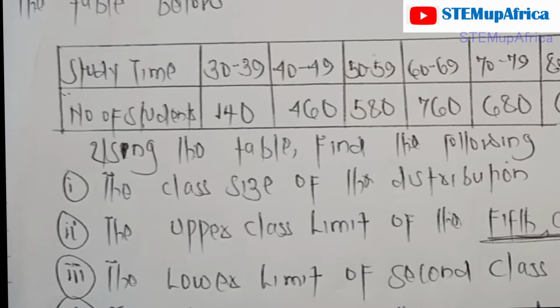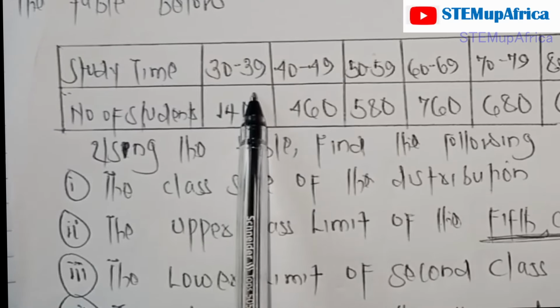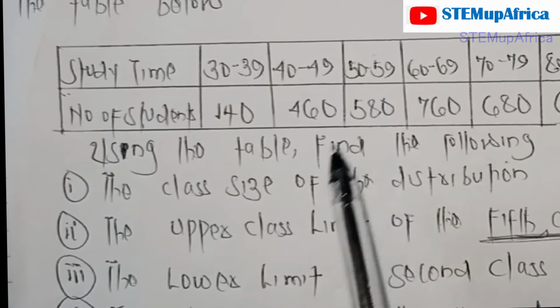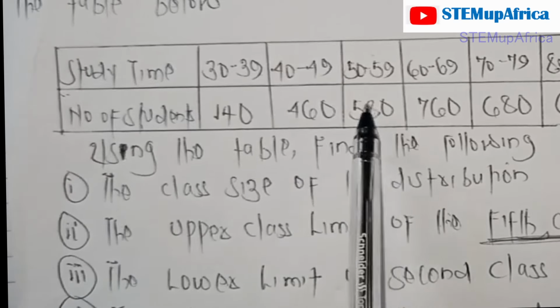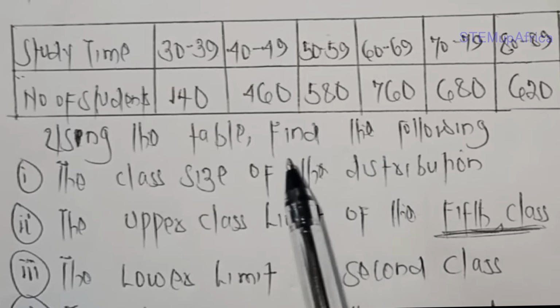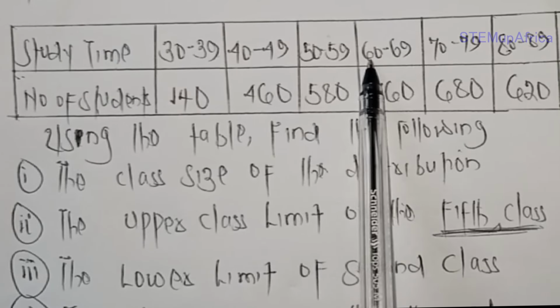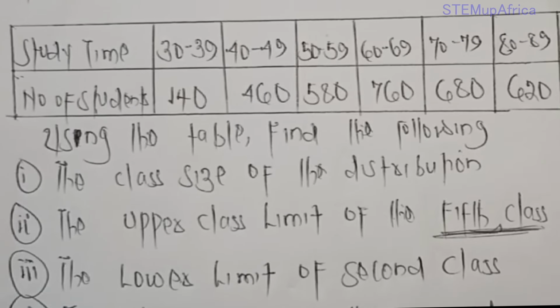So you cannot determine your class size with 30 to 39 and 50 to 59, because they are not consecutive. It's only 40 to 49 and 50 to 59 that are consecutive. The same is true for 50 to 59 and 60 to 69, and I continue like that to the last class interval.